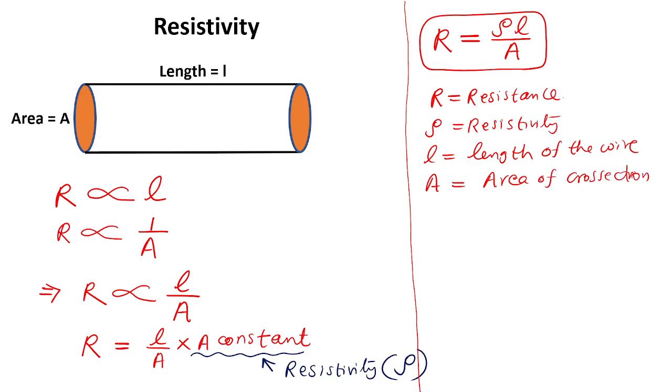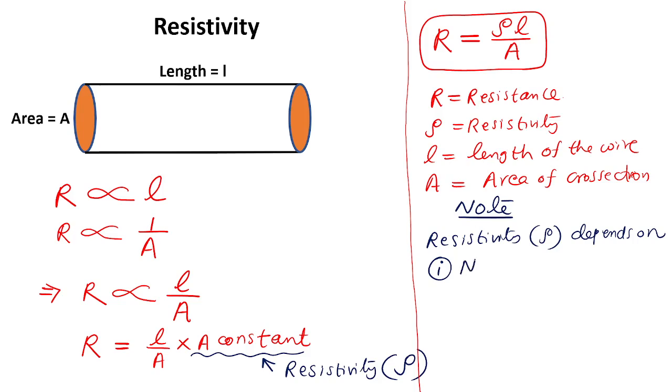Now let me explain one important point. What is resistivity? Resistivity is rho, understood? Resistivity is a fixed number which depends only on two things. One is the nature of the material of the wire.